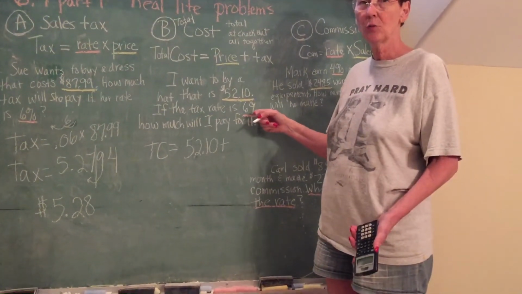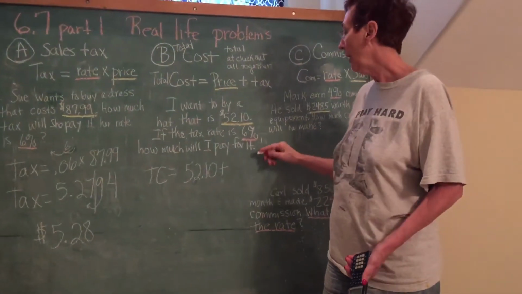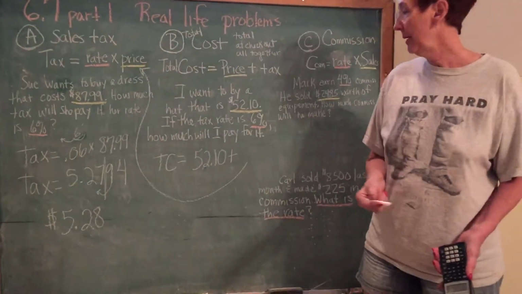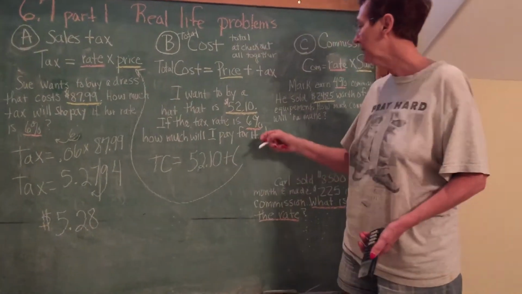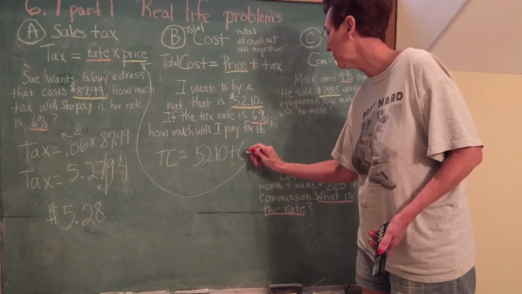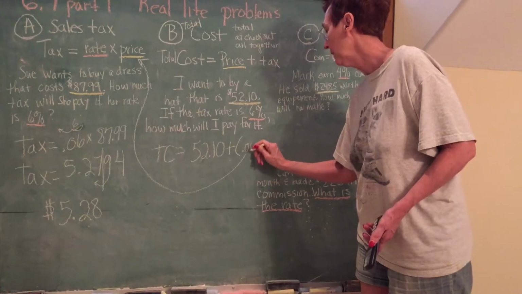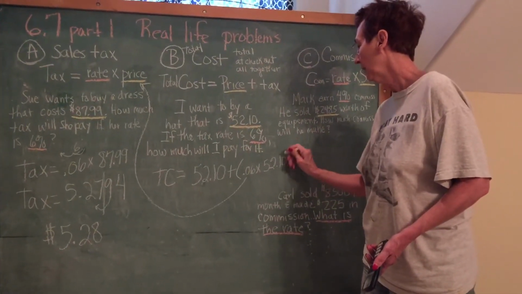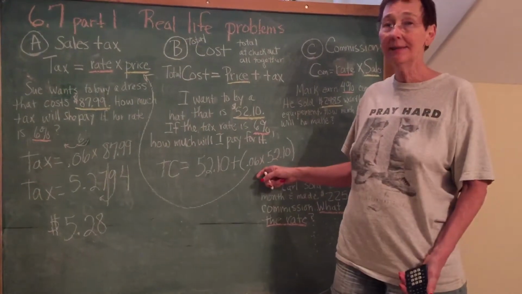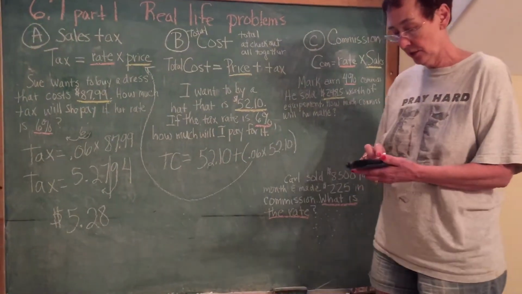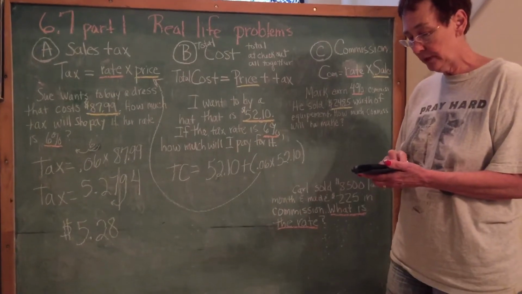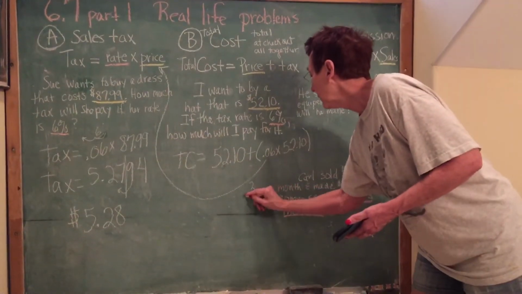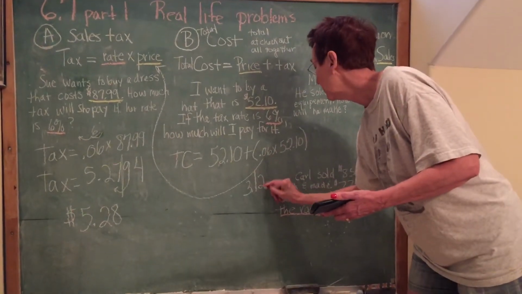I know that my tax rate is 6%, so I have to go back to this idea in order to find my taxes. I have to take my tax rate, 6%, that would be 0.06, and multiply it times what the cost was, because you have to find the taxes before you can add them, all right? So 52.10 times 0.06 would give me 3.126.